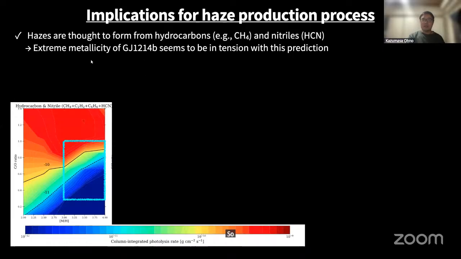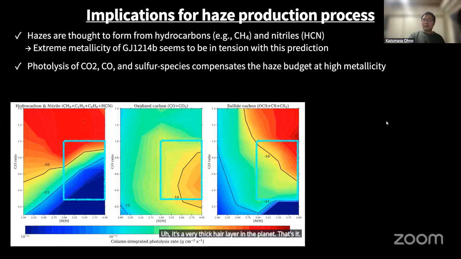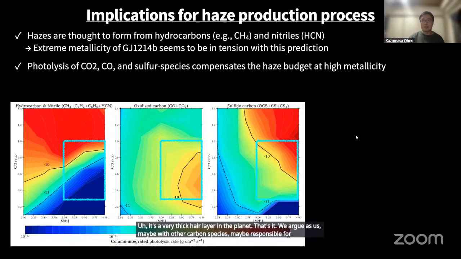This means the extreme metallicity of GJ 1214b may be in tension with the very thick haze layer in the planet. But we argue that maybe other carbon species may be responsible for forming the photochemical hazes.